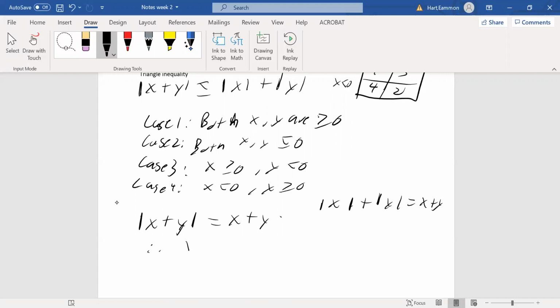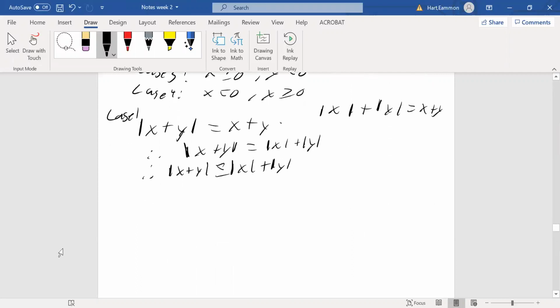Therefore, in this case, the absolute value of x plus y is equal to the absolute value of x plus the absolute value of y, which therefore, so this is case 1, is less than or equal to the absolute value of x plus the absolute value of y.